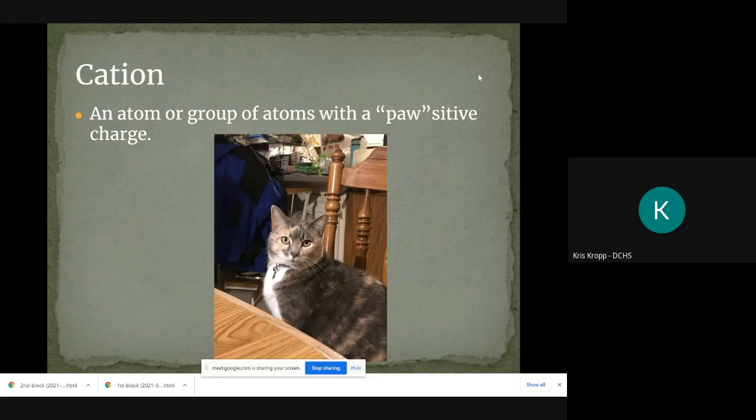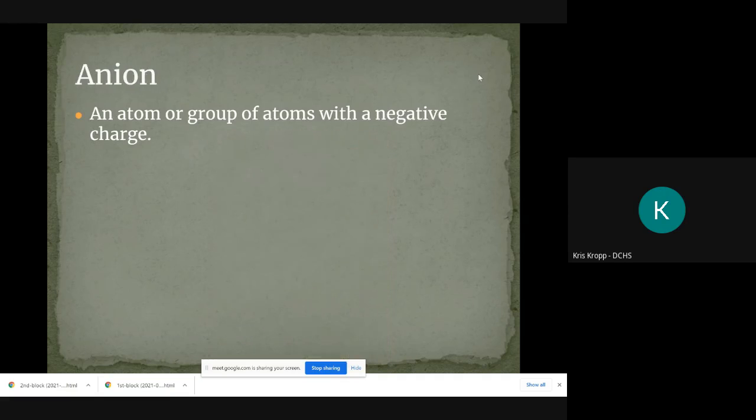All right. So anions are negatively charged. Okay? Atom or group of atoms with a negative charge. Anions are negative ions. Hey, Scott.